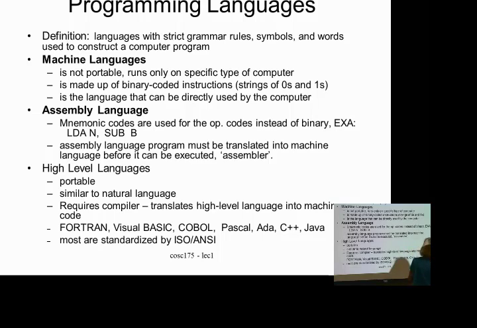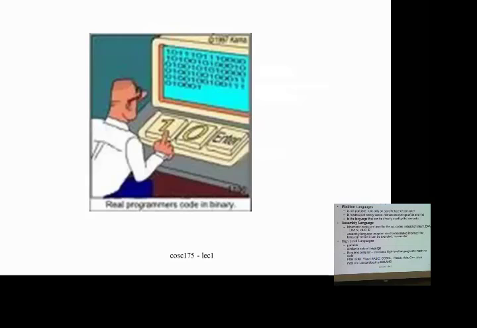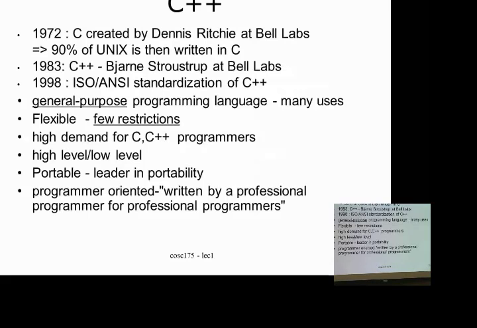All right, so let's talk about C++ and Java, because that's what we're going to use. In 1972, the C language was created by Dennis Ritchie. That was a long time ago. Okay?